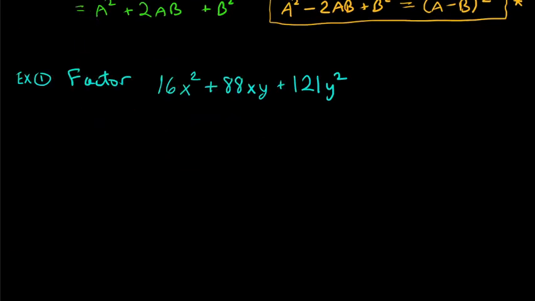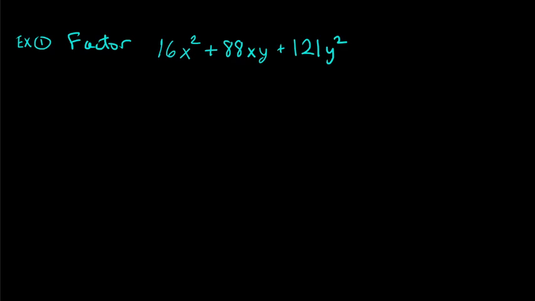Okay, so here's our first example. We want to factor 16x squared plus 88xy plus 121y squared. And yes, I deliberately started with a very difficult one. This is not an easy one, but it's one that could come up in the homework. So let's see if we can factor this. It doesn't say how to factor it.